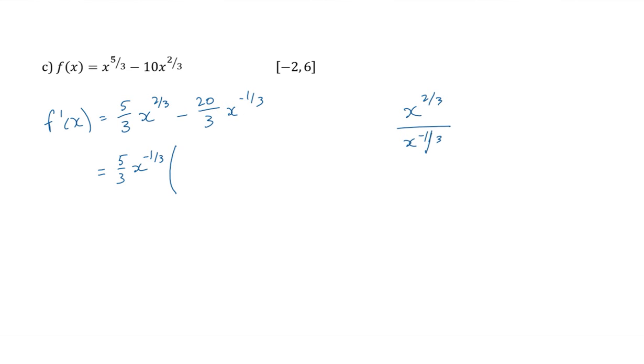So I'm going to erase all this, so just watch. x to the 2/3 minus negative 1/3. That's plus 1/3, so that's 3/3. So that's x. Hope you could follow that. Just x. Because I factored out the 5/3, and then when I did the exponent work, I just got x to the 1.